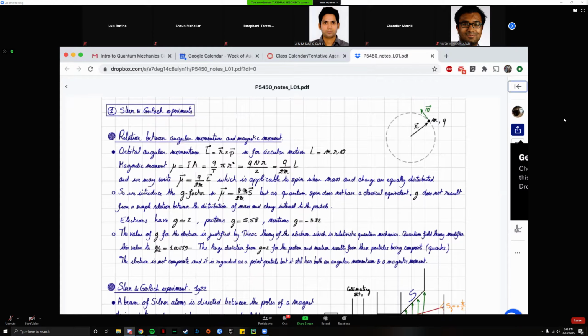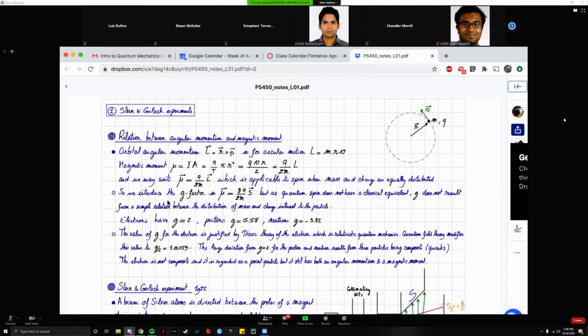So we still have this q over 2m that's coming from the orbital motion description that we went through before. And we add this factor g. And this factor g is the gyromagnetic factor or ratio, gyromagnetic ratio.